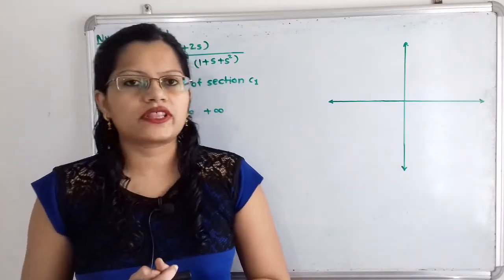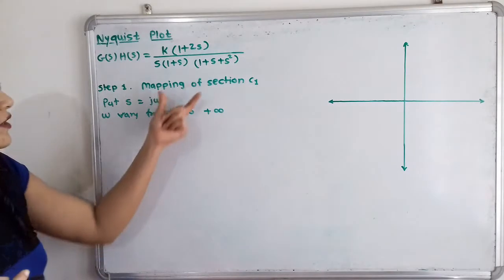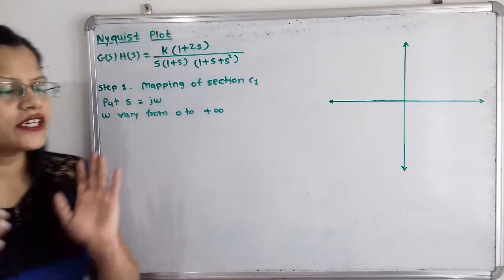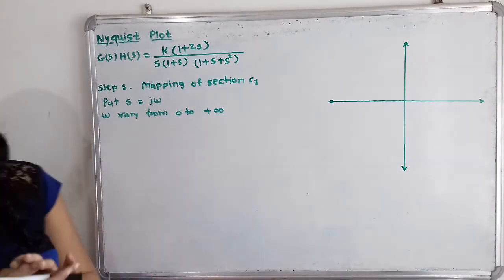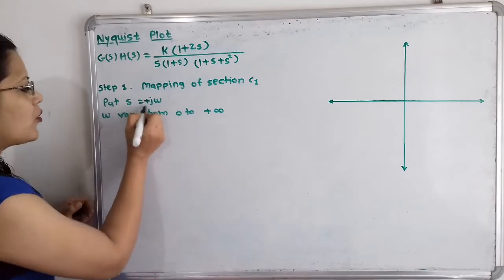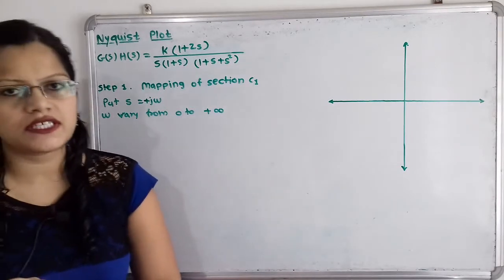Now we will move to the first step, that is the mapping of section C1. For this we have to put S equal to plus j omega, and omega varies from 0 to plus infinity.